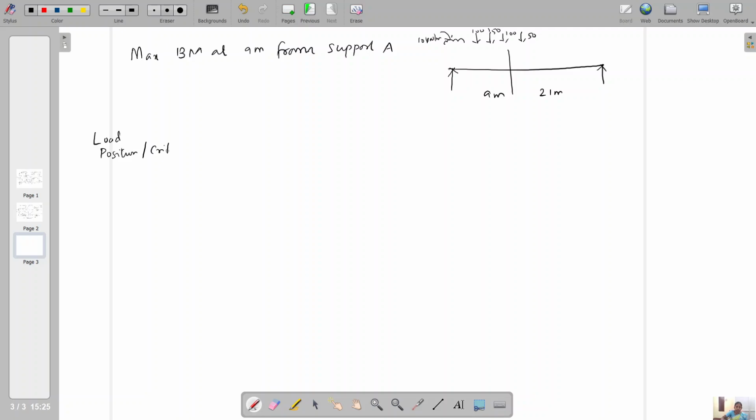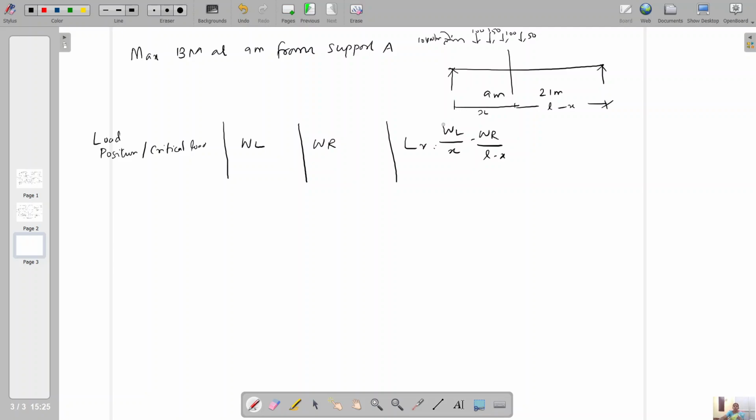You can mention critical load, which is the load that affects the LR ratio. Next one WL, next one WR, next one LR ratio. LR ratio equal to WL by X minus WR by L minus X, where X is this distance and L minus X is this distance.